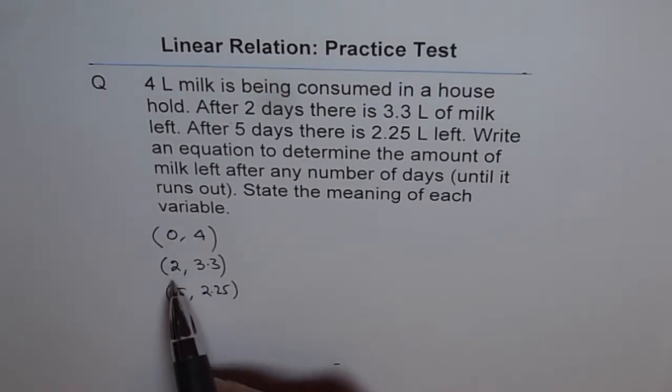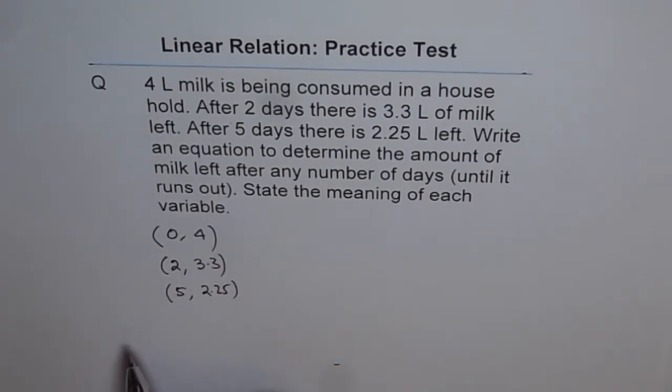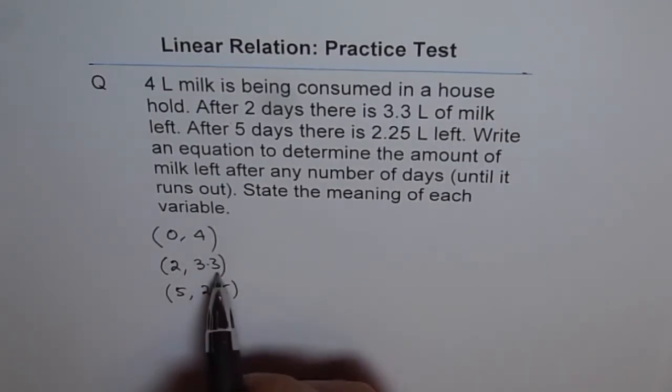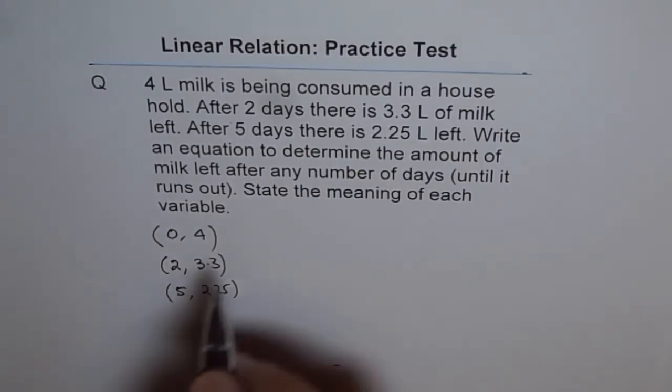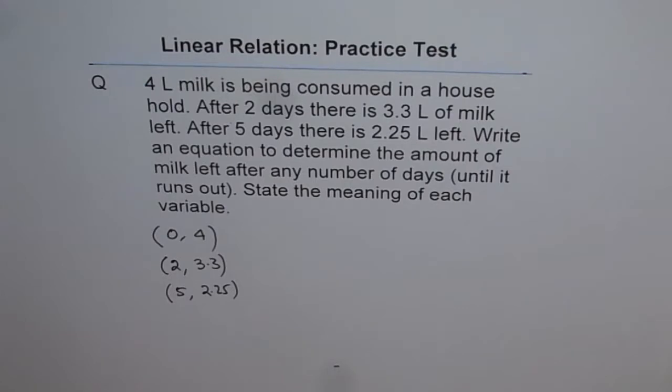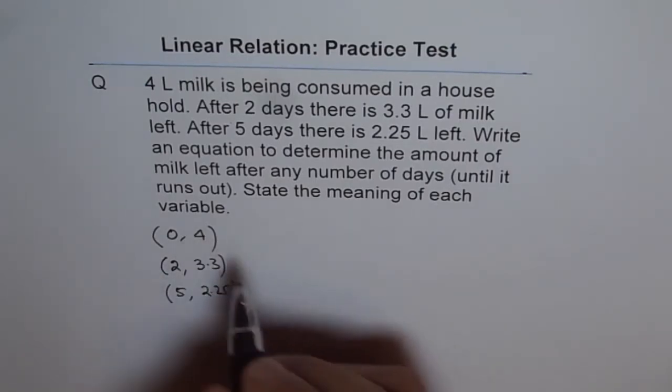So if in 2 days, from 4 liters, 3.3 is left, then what is the change in milk per day? That is what we need to find. So we can do 3.3 minus 4 divided by 2 minus 0. Let me do it to show you how to do all these things.